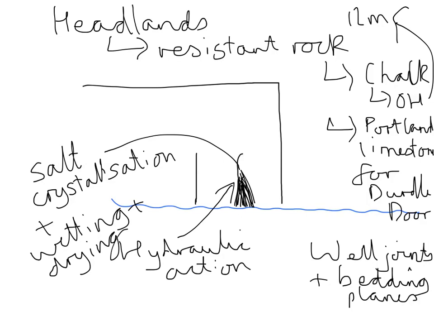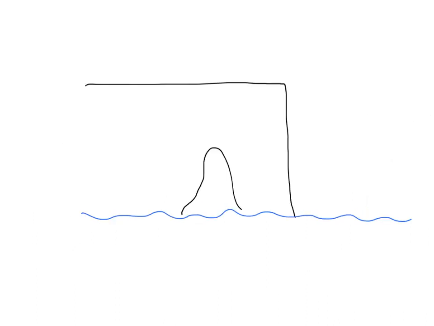So these are the weathering processes and erosion processes that are widening these joints to form caves. The next step is the caves get larger and larger until it creates an arch.